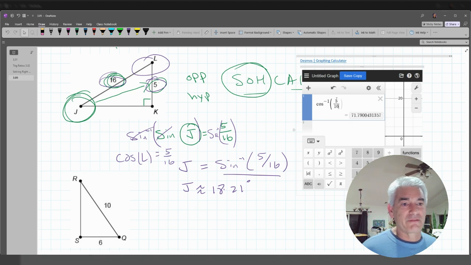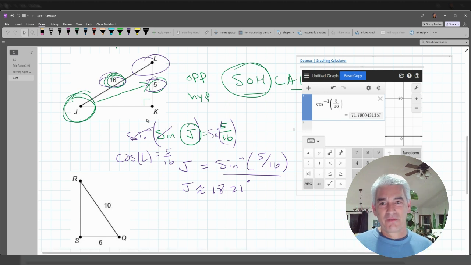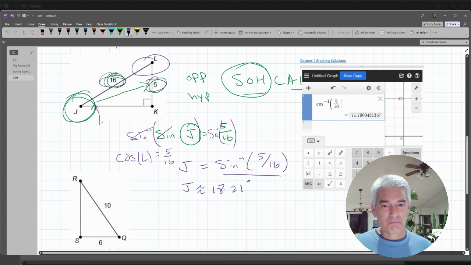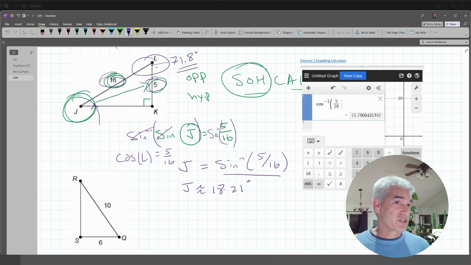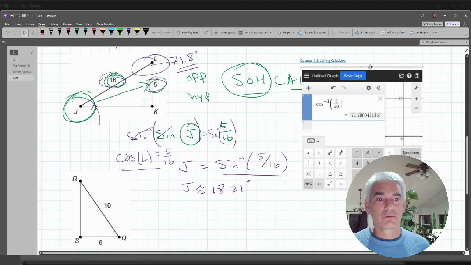We get 71.8, right? Because we knew this one was 18.2, so this one's going to be 71.8. So I could have found that by subtraction, or I could have done cosine. That's your quick little lesson on that. It's not that hard, but you have to set it up and put those numbers where they are, and you've got to know SOHCAHTOA.